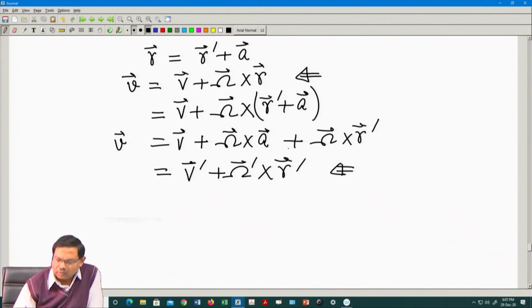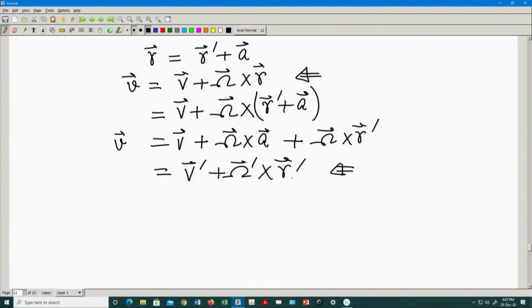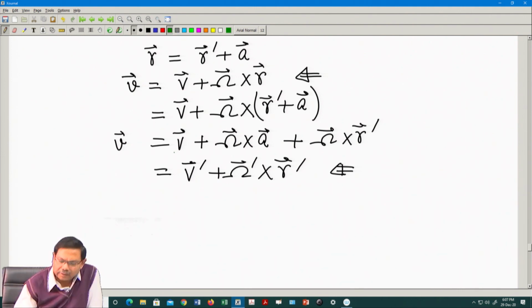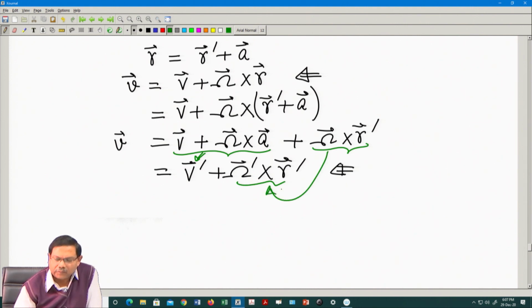Now if we compare both of them, what do we get? We get this term as this and this term as this one. So, we get this relationship. What is my V prime?